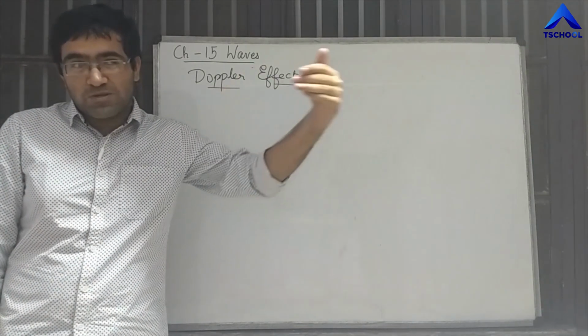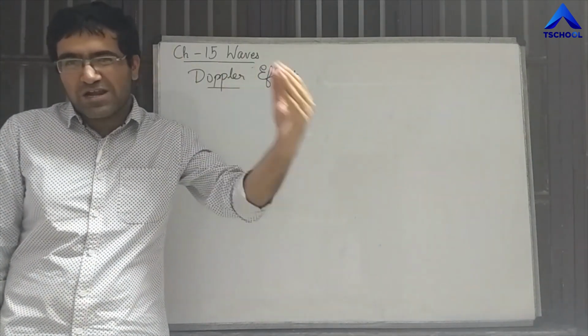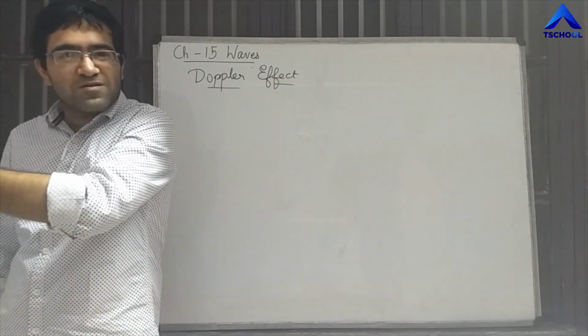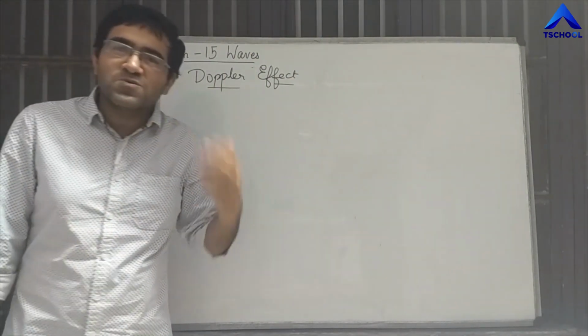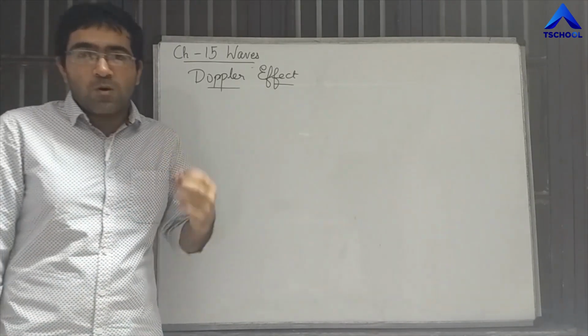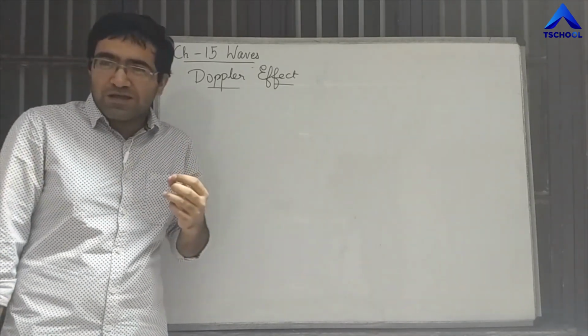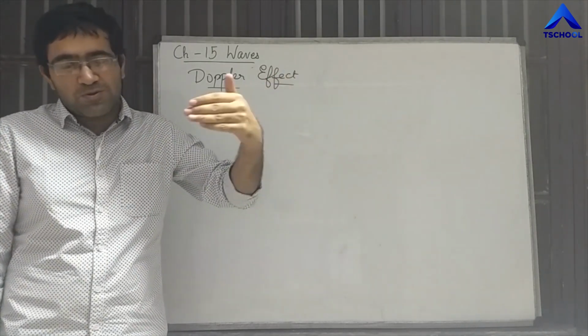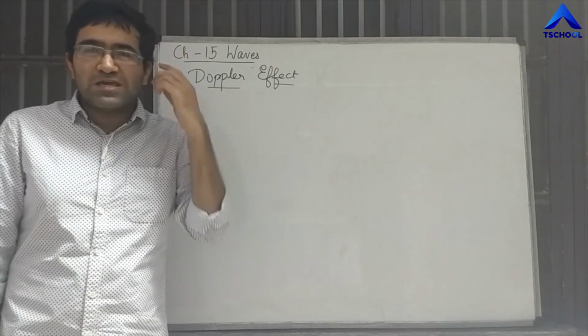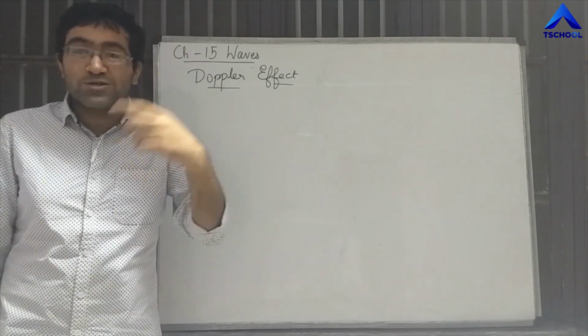When the train comes in, you're hearing a slightly different pitch, different frequency, and then as the train leaves the station, you hear a different kind of sound, different pitch. So what's really happening is that as the train approaches and then as it goes away from you, the frequency of the sound that you are hearing changes.